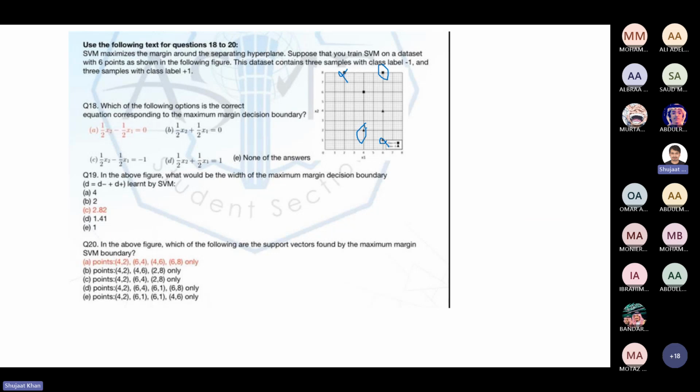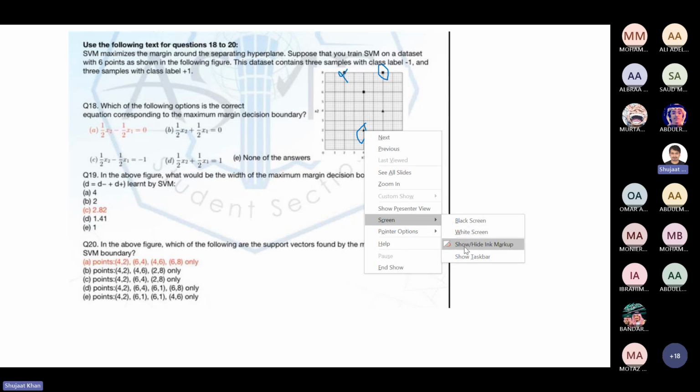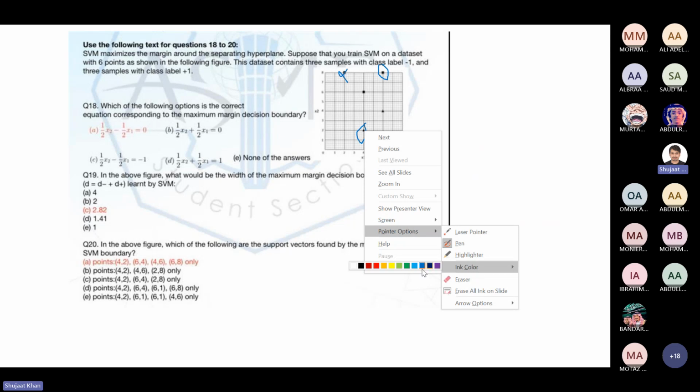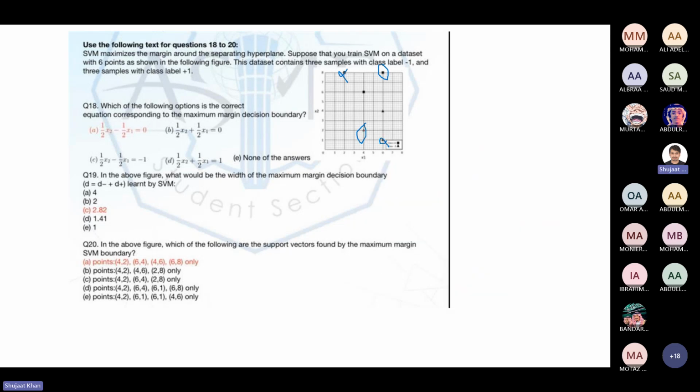If I use this one, what is the distance between this sample and the sample of the other class? We have this distance and this distance. Obviously this is quite a big distance, let's call it D1, and this is a relatively small distance, D2.